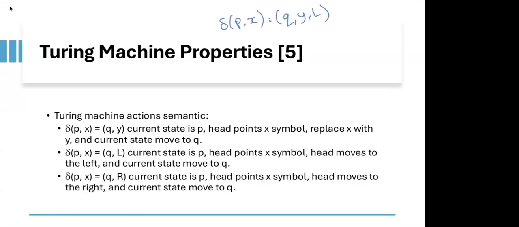In the last few years, we started using this kind of transition. So we are writing and also moving with the same transition. So this means from P, we go to Q by reading X. We rewrite X with Y, and we move the head tape to the left, or we can change it to right.